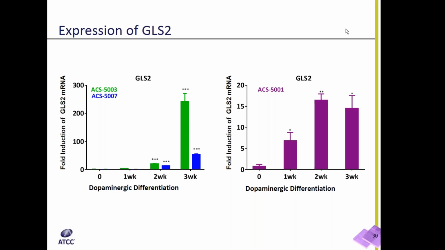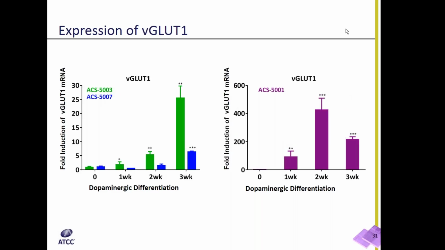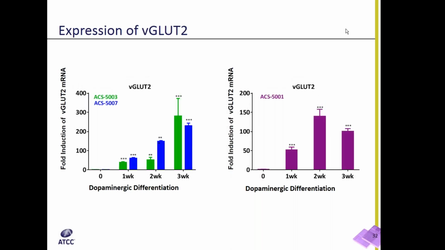So first of all, we saw that the mRNA of GLS2 was increased in all 3 cell types. vGlut1 also increased in all 3 cell types, although its expression dropped in week 3 in the Parkinson's disease neuroprogenitor cells. We saw similar expression patterns of vGlut2 in all 3 cell lines.